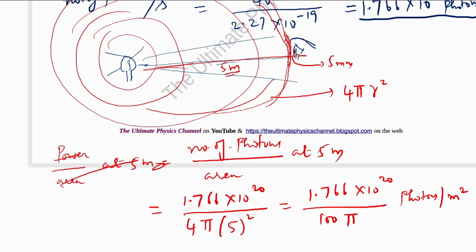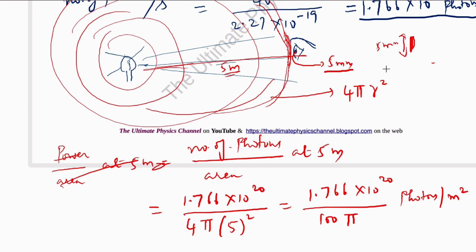That depends on the area of the pupil of the eye, and the size is given as 5 mm here. This is the size of the pupil, that is 5 mm.